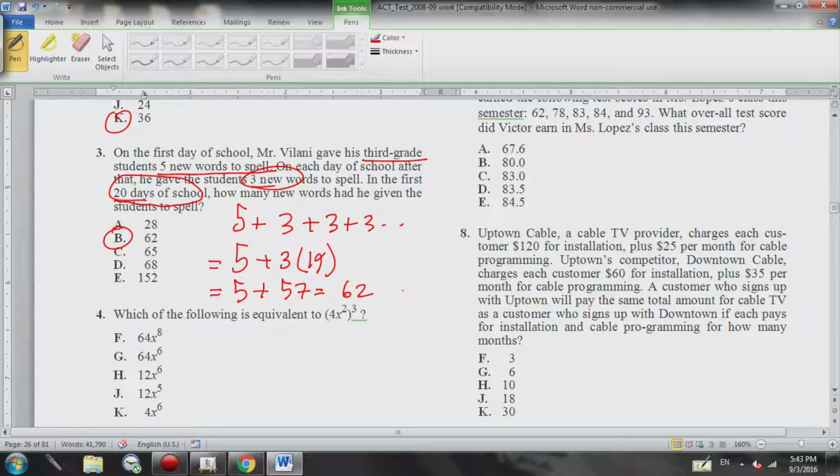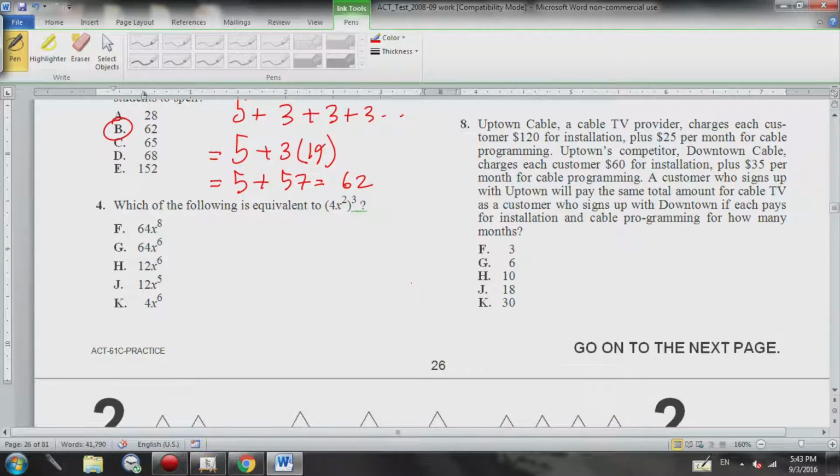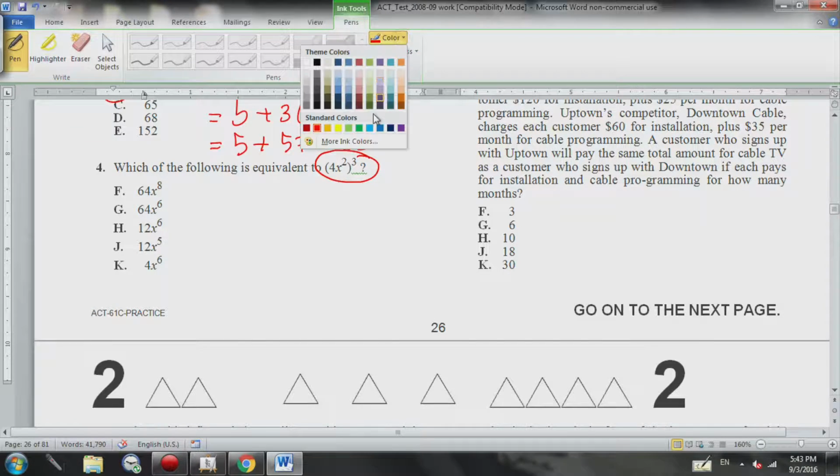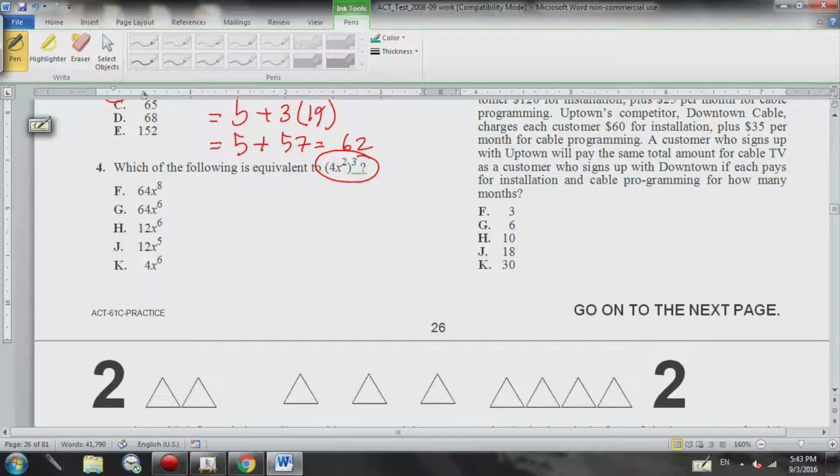Okay. Now question number 4, which of the following is equivalent to this? This is basically asking if you appreciate the properties of exponents. In this case, the cube will be distributed to both the 4 and the x squared.